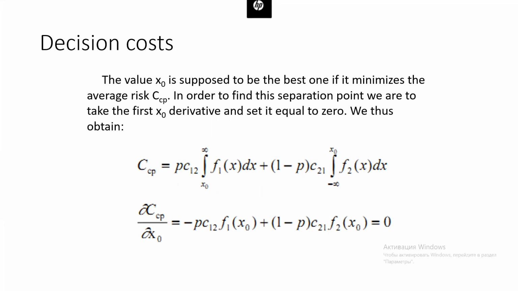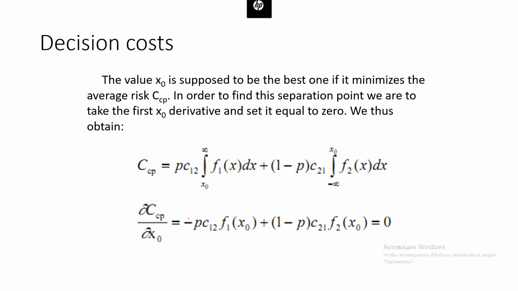In order to find this separation point, we take the first derivative with respect to x0 and set it to 0. You remember that the first derivative will be equal to 0 for all function extremums, for the maximum and for the minimum. We need to calculate the minimum value of the risk with respect to x0.